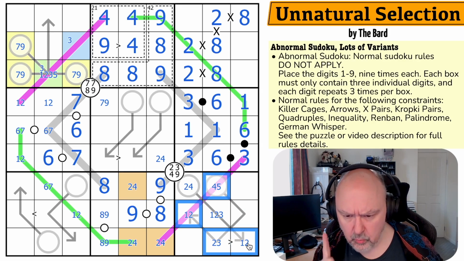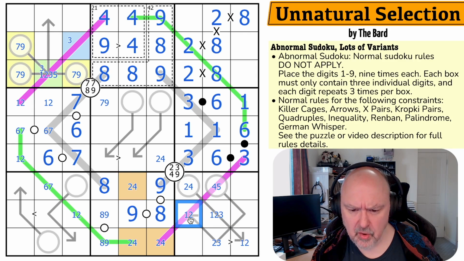So I've only got ones, 2s, and 4s to play with. So this would have to go 1, 2. 1, 1, 2, 1, 2. So all of those would be 1. 2, hang on, I think I run out of ones. Yeah, I think I run out of ones because I've only got 1s and 2s to play with.